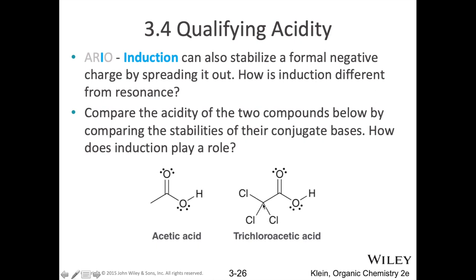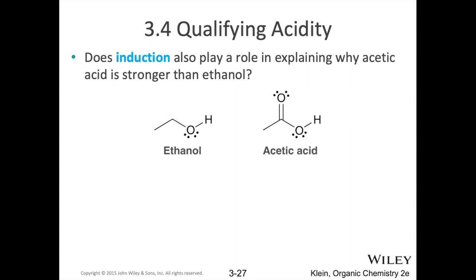These chlorine atoms, being very electronegative, pull electron density towards them, and that in effect helps delocalize that negative charge. Not to the same extent that resonance does, and this is why resonance is a higher priority in our acronym, but induction does carry out a similar function. It helps spread out that negative formal charge.